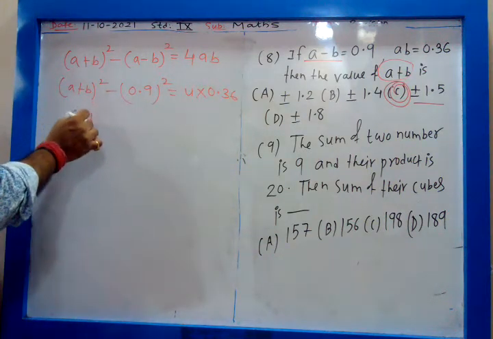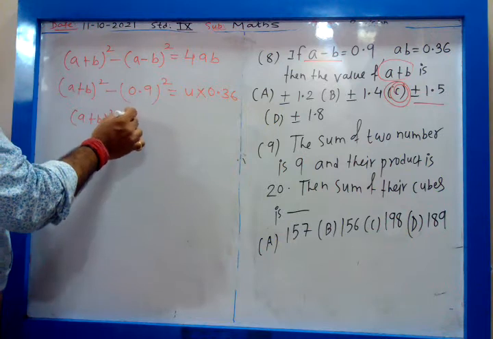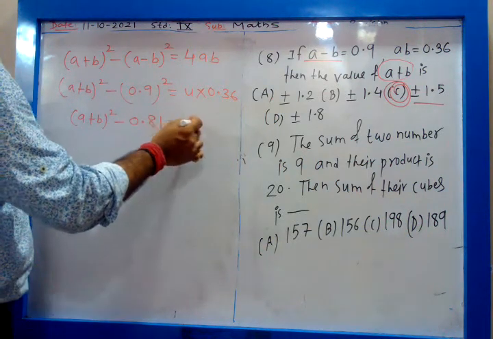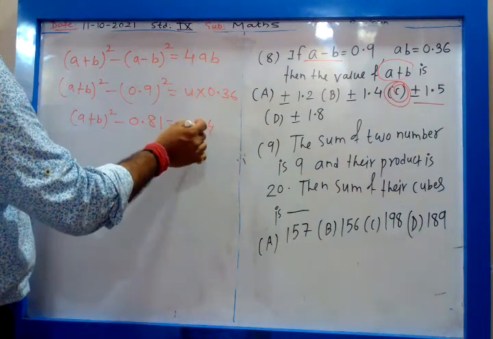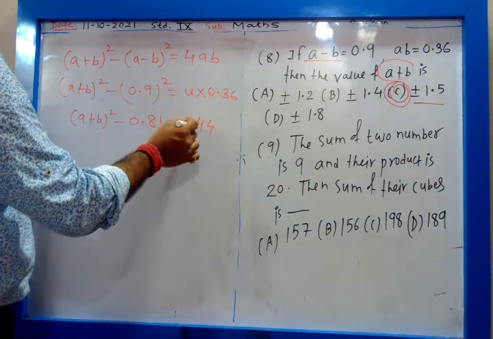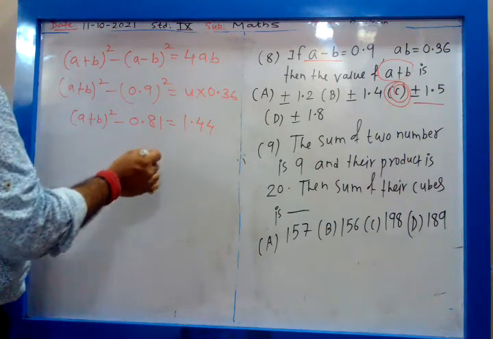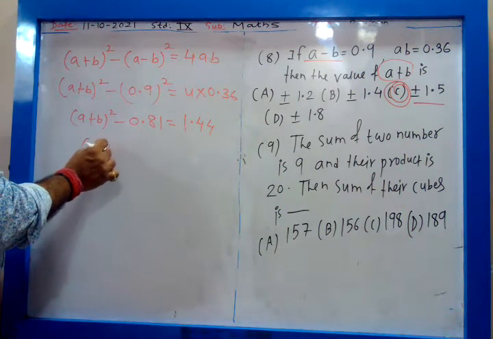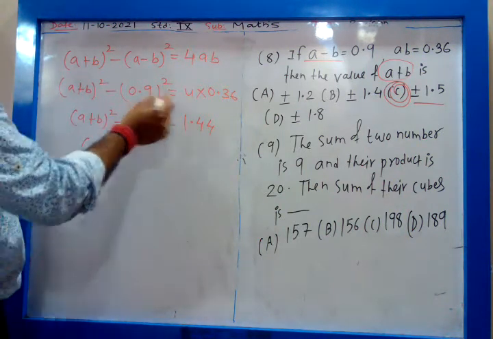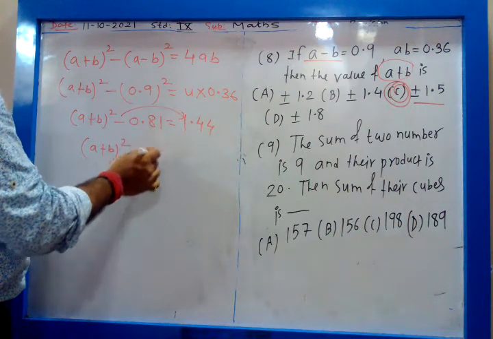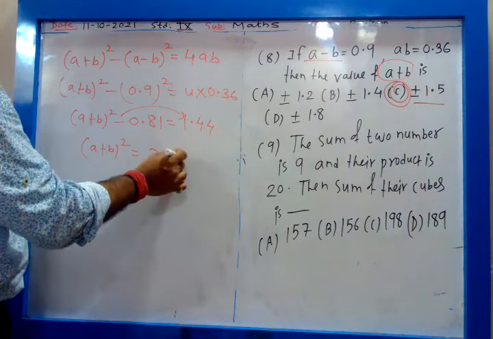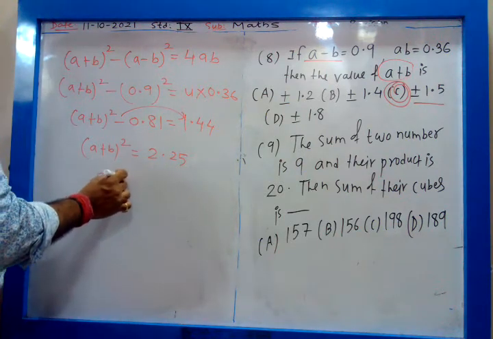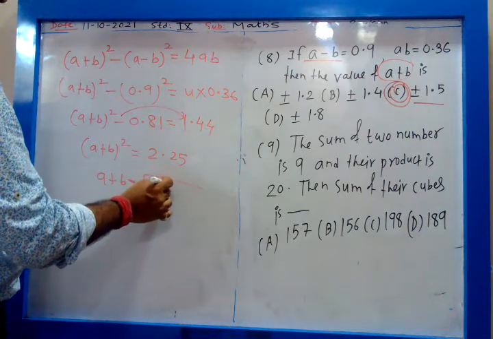So a plus b whole square minus 0.81 is equal to 4 into 0.36, 4 sixes are 24, which is 1.44. So a plus b whole square is 1.44 plus 0.81, which will be 2.25. So a plus b is square root of 2.25.